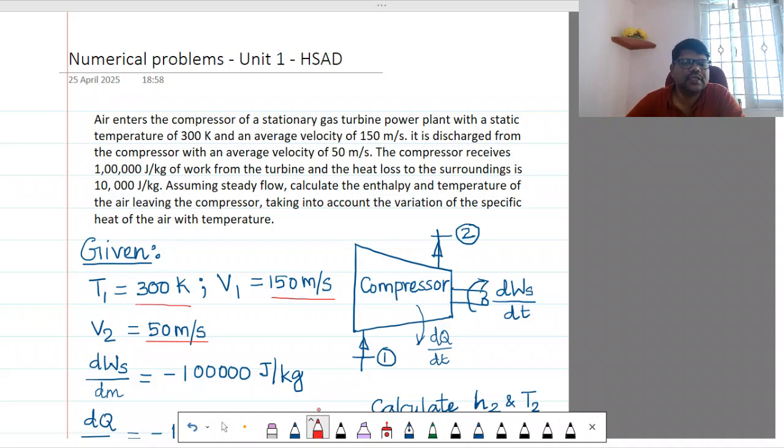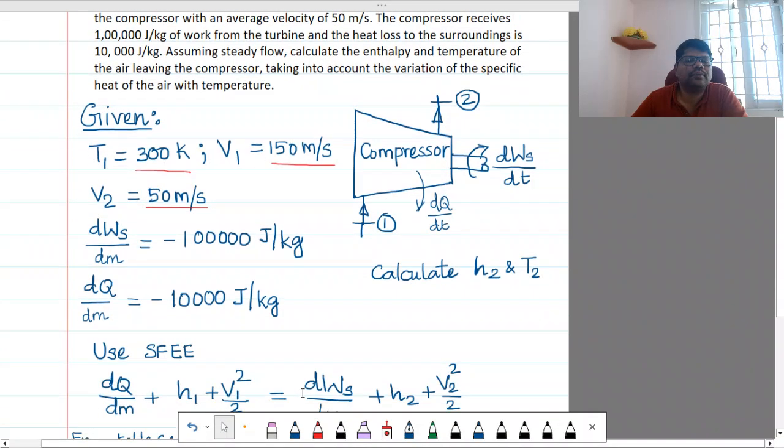In addition to this, they have given the work input to the compressor or the shaft work of the compressor per unit mass, which is given as 1 lakh joule per kg. Since this is the work input or work done on the system, I take this work as a negative work.